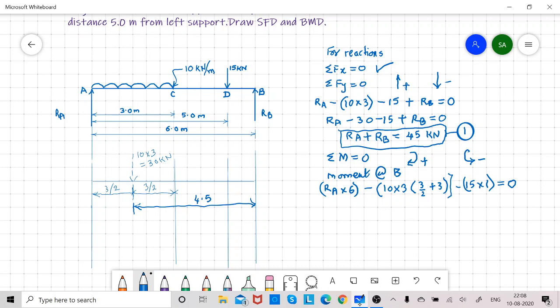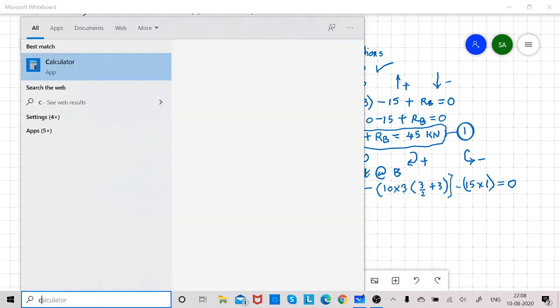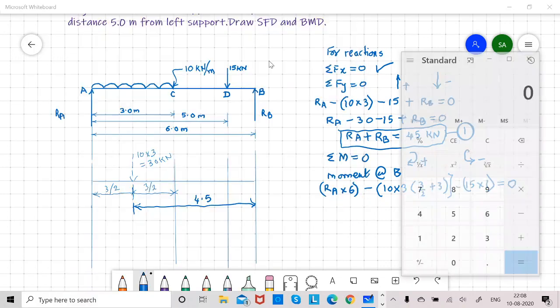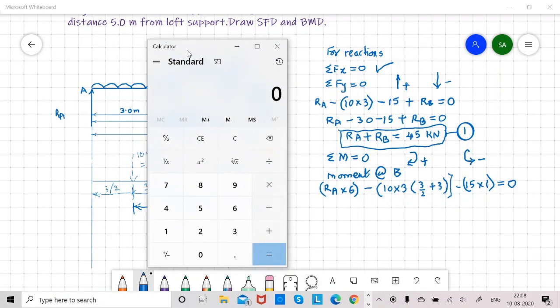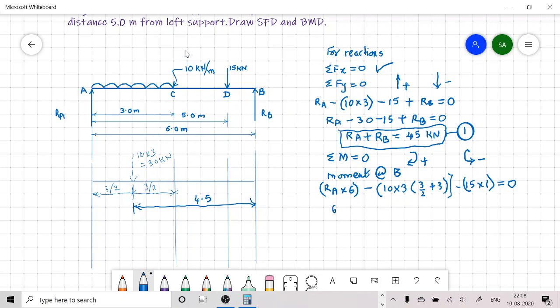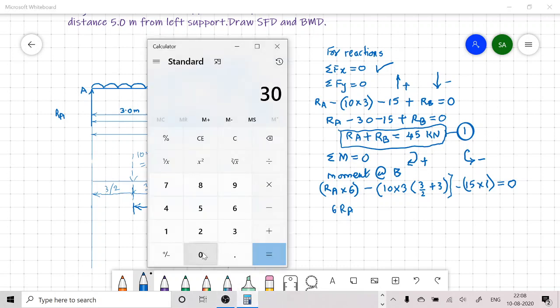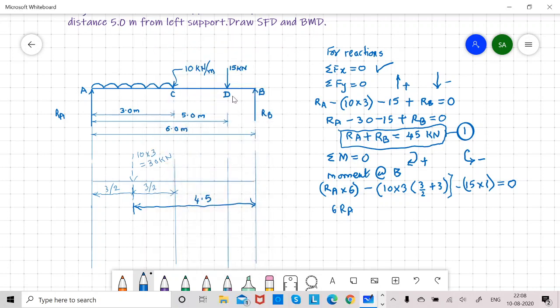Now let us calculate. 6 RA minus 30 into 4.5, that is 135, minus 135, minus 15 is equal to 0.